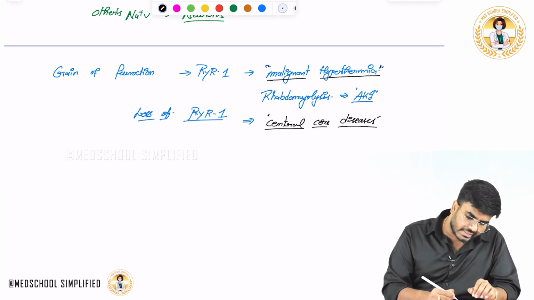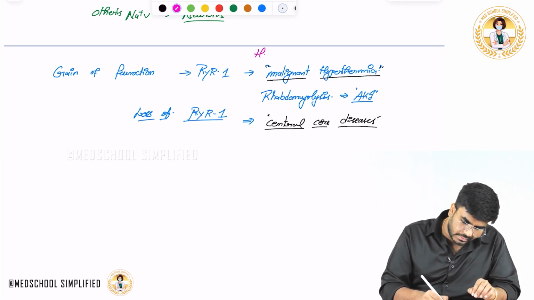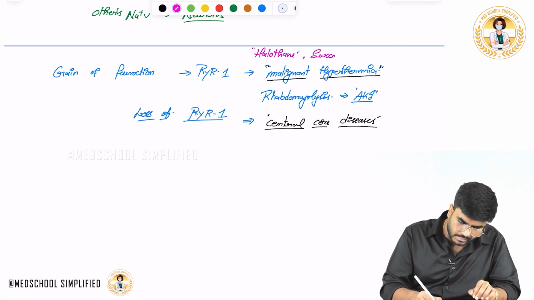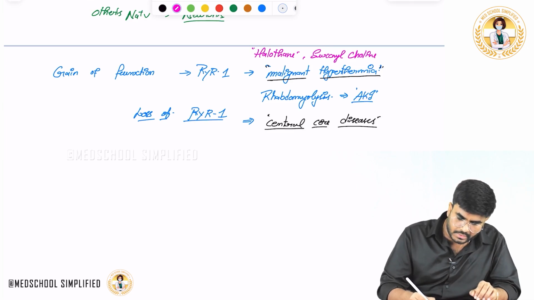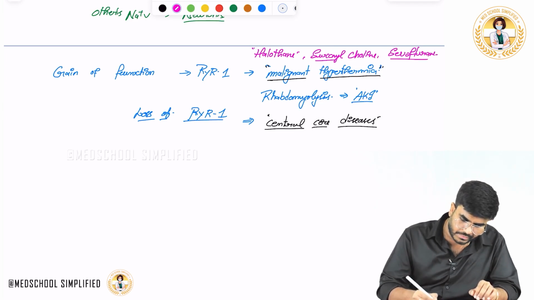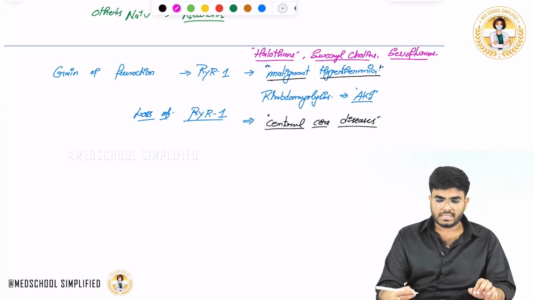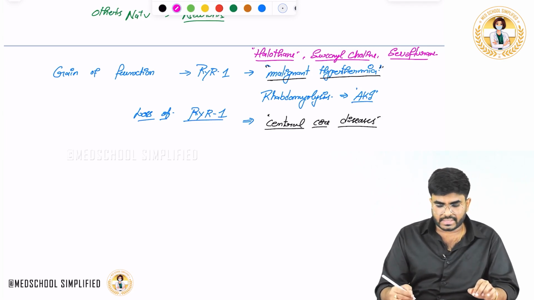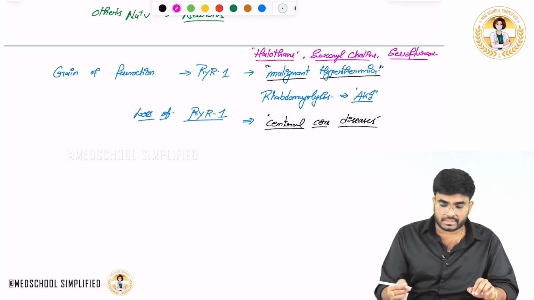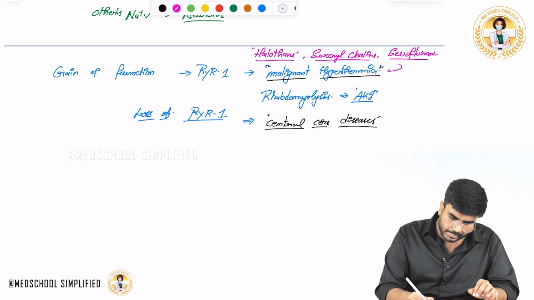What I want you to know for your exams is drugs like halothane, sevoflurane. So these inhalational anesthetic agents, and certain muscle relaxants like succinylcholine, are going to precipitate this event called malignant hyperthermia.